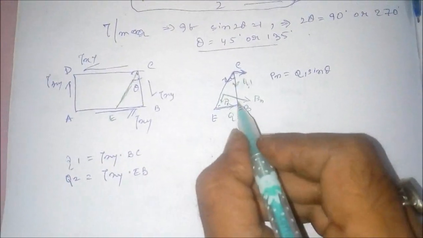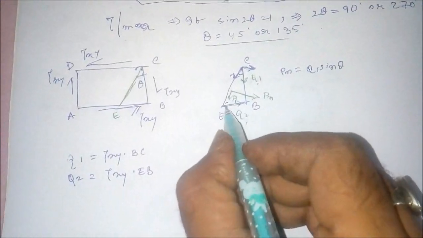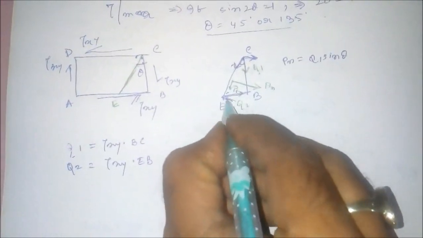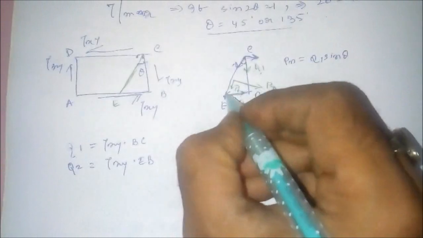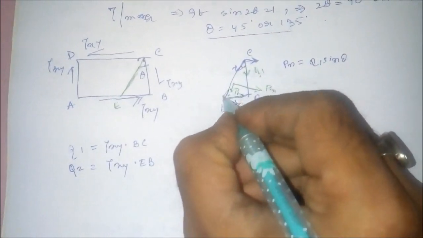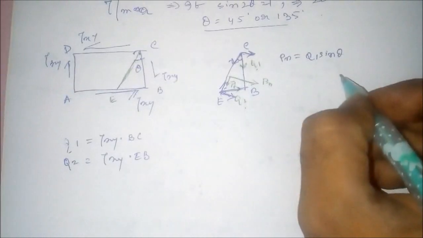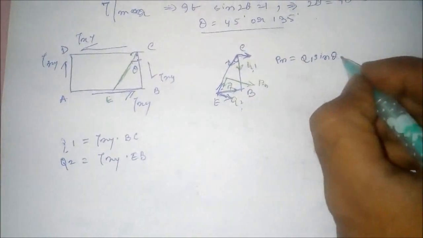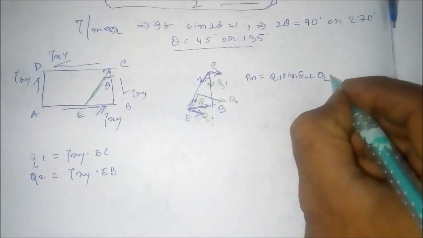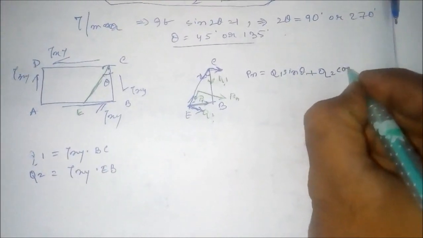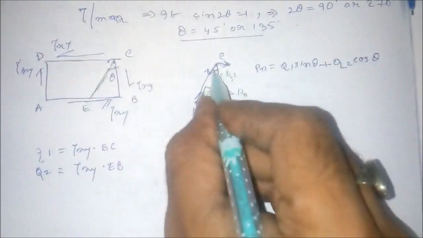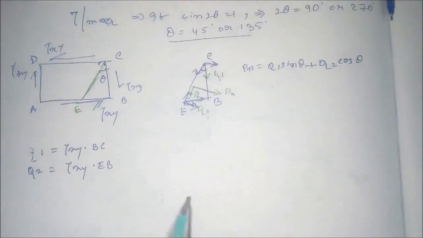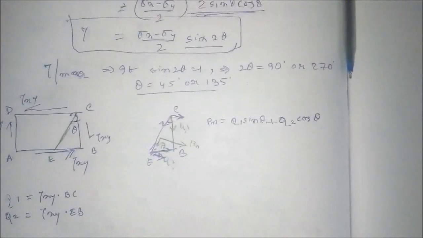Then due to Q2 there will again be two components, one acting perpendicular and one parallel to this plane. The perpendicular force will be equal to Q2 cos theta, because if this is theta, this angle will also be equal to theta, right?